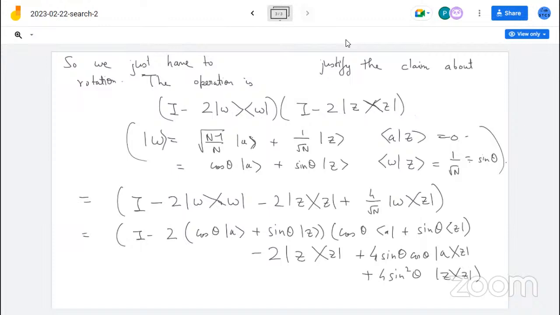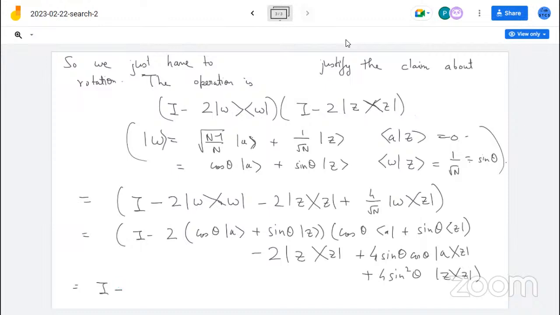Okay. So at this point, it should be believable. This will look like a rotation because we are now just looking at a two-dimensional, 2 cross 2 matrix, just in the vectors A and Z. Everywhere else is identity. So in this space, we just want to show that it looks like a two-dimensional rotation.